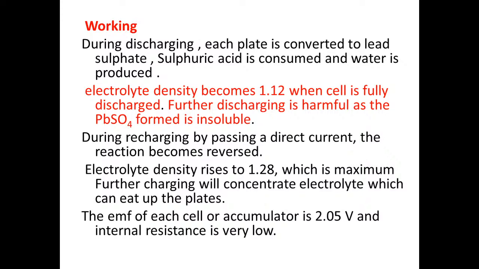During recharging, by passing a direct current, the reaction becomes reversed. Electrolyte density rises to 1.28, which is maximum. Further charging will concentrate electrolyte, which can eat up the plates.